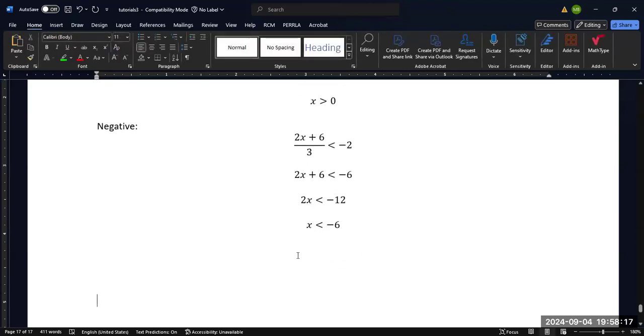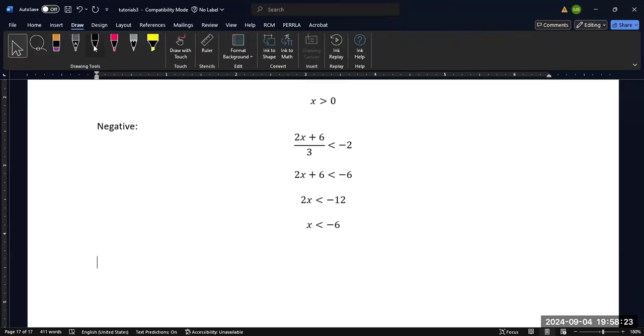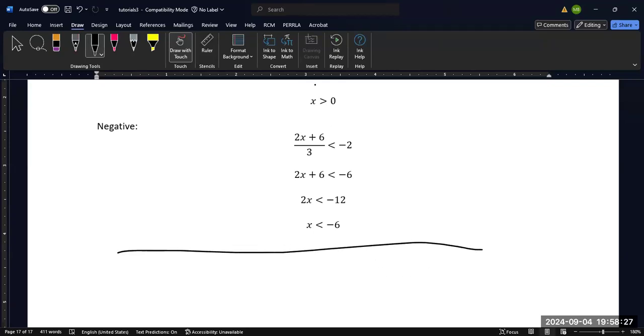Now, again, let's think about this on a number line so that we can write it in interval notation. So here's our number line. For this one, let's put 0 on here, and we'll put -6 on here. This is x greater than 0, so greater than is going to be out on this side.